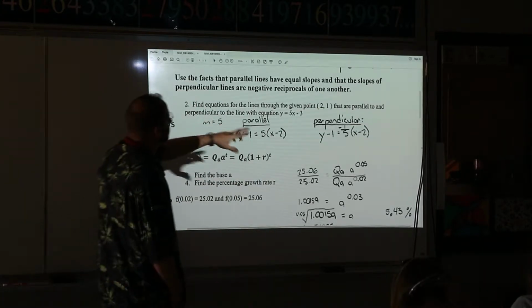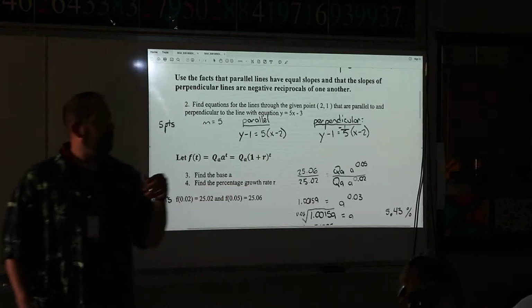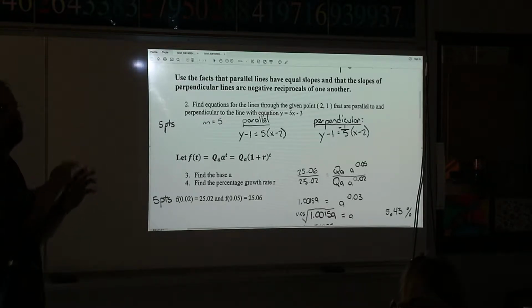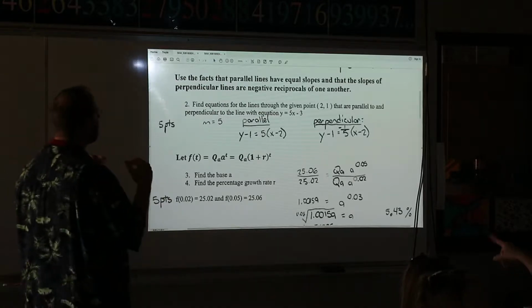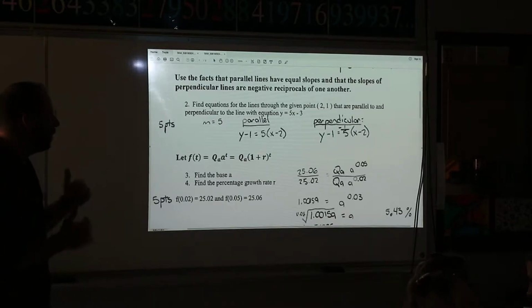But then you had to subtract the 2, 1 in both. I had a couple people that went further and actually simplified a little bit, like distributed the 1/5, added the 1 across. That's good, that's fine. I didn't ask for that. You could have just stopped, because I didn't say what particular form I wanted it in. So you could have gone to any form you wanted.